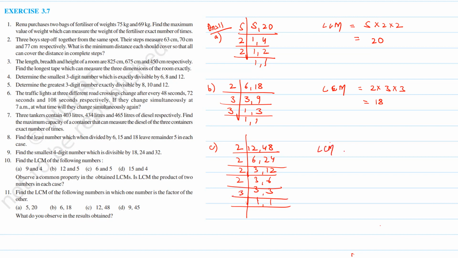So LCM is coming out to be 2 into 2 into 2 into 2 into 3, which is 48. And in D also, LCM will be 45. So the relation is that the LCM is the larger number, the multiple of the factor.